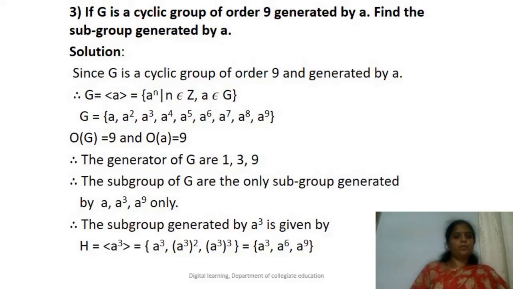Therefore the subgroups of G have to be written in the form of A to the power 1, A to the power 3, A to the power 9. Again, the subgroup generated by A cubed is given by A cubed to the power 1, A cubed to the power 2, A cubed to the power 3, which is finally written as A cubed, A to the power 6 and A to the power 9. Like this we have to find out the subgroup generated by A.